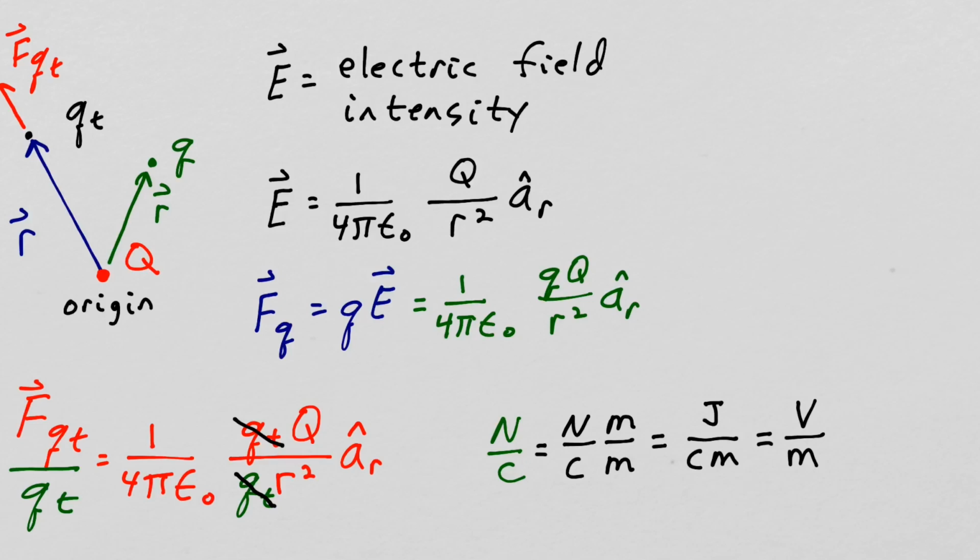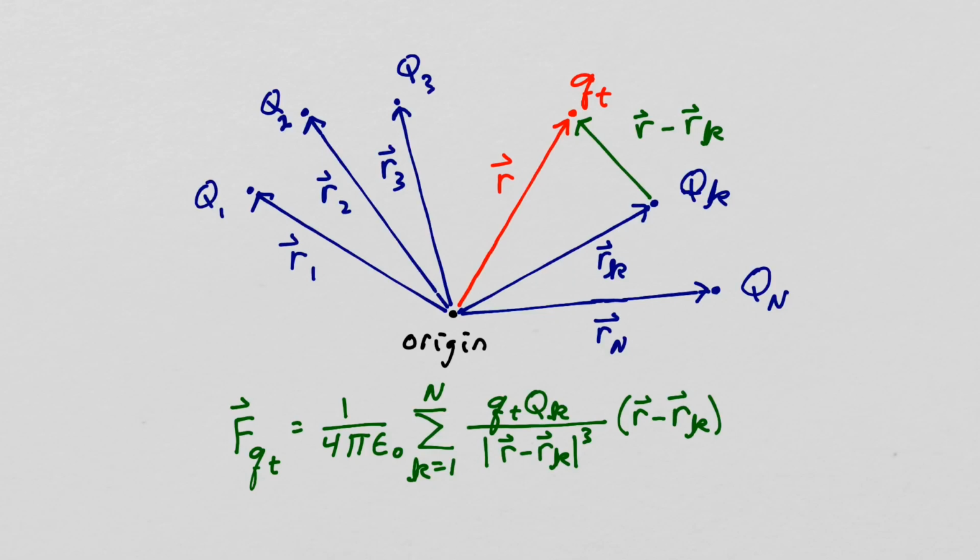We can extend this concept to define the electric field intensity caused by multiple point charges. Think of a test charge Q sub t in the presence of n other charges. We previously came up with this equation when we were talking about Coulomb's law to describe the Coulombic force on a charge due to n other charges.